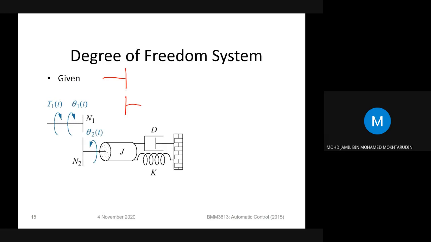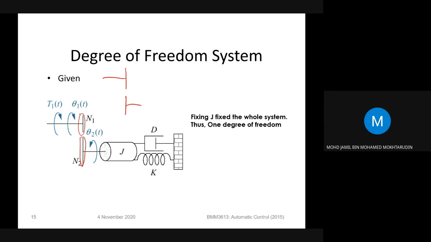So this is gear 1 and this is gear 2. So when you hold J, basically the whole system will not move. Okay, so this system is 1 degree of freedom.